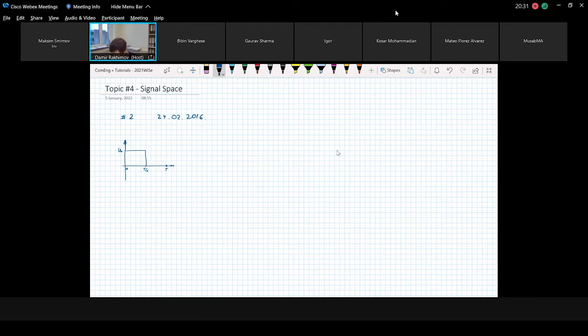And then we have 0. Our signal 1. The second signal is a negative pulse from 0 to T over 2. It's our second signal with amplitude minus u0.